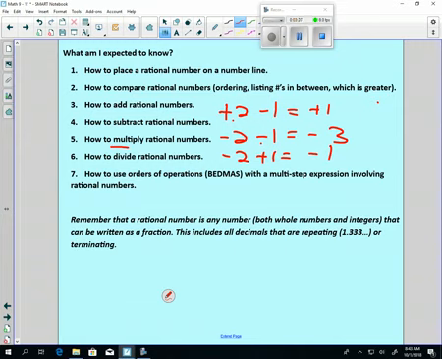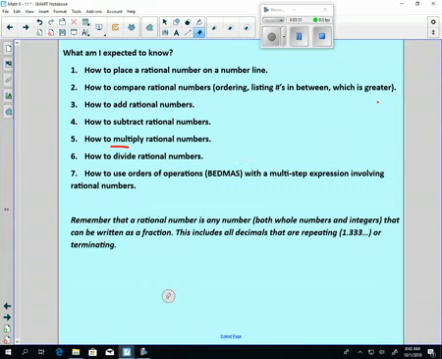First thing we learned was how to multiply rational numbers. And I'm just using whole numbers here, but you can also use fractions. If you have common denominators, then you just multiply the numerators. 2 times 1 is 2, and 3 times 3 is 9. And always make sure you're in the simplest form.